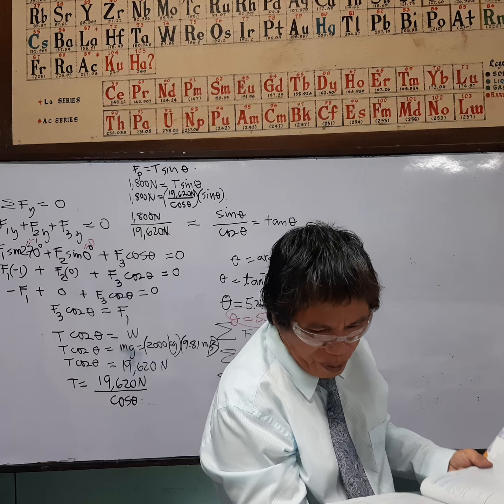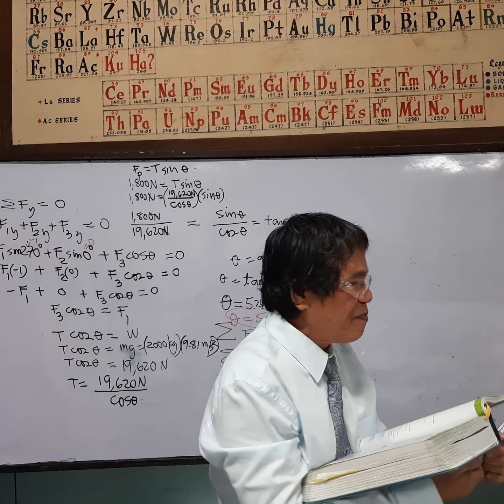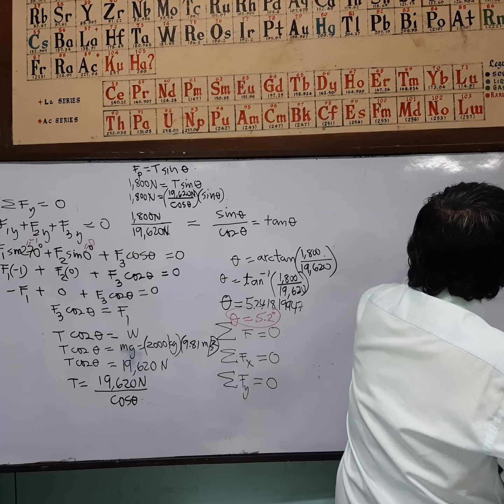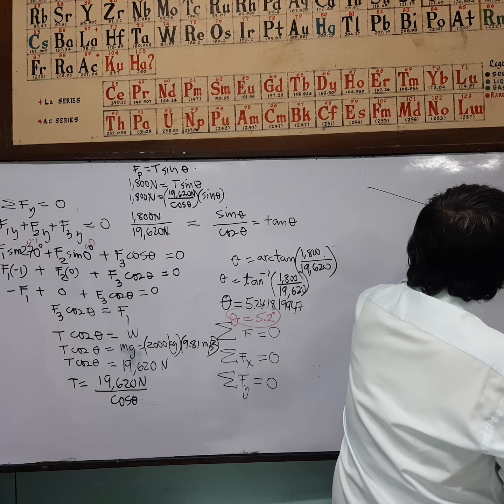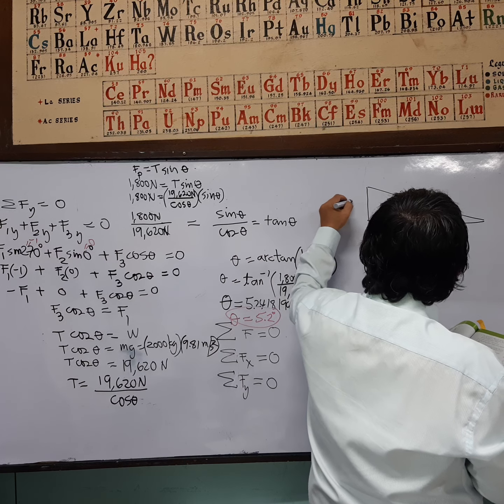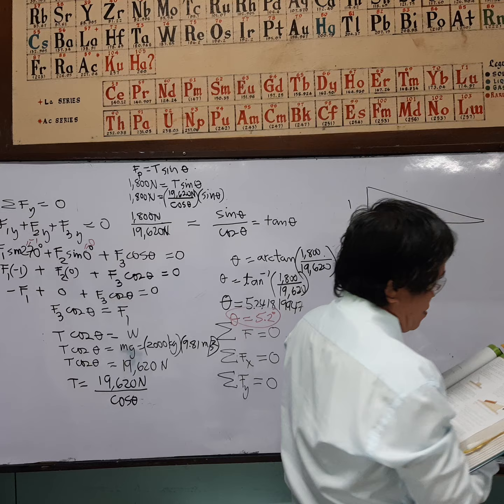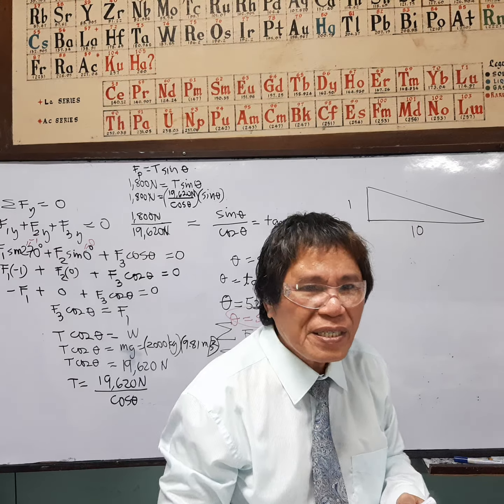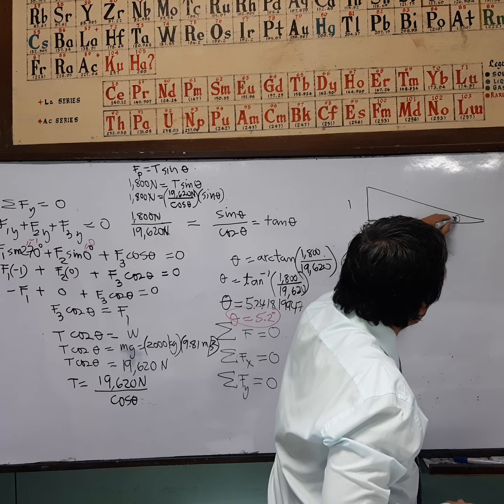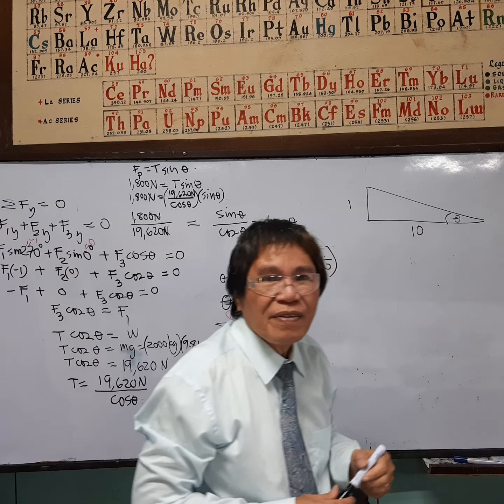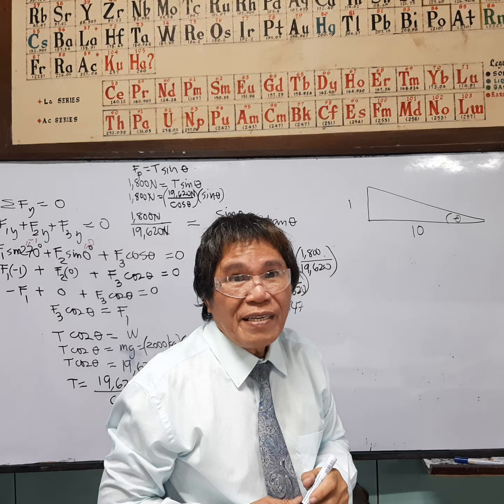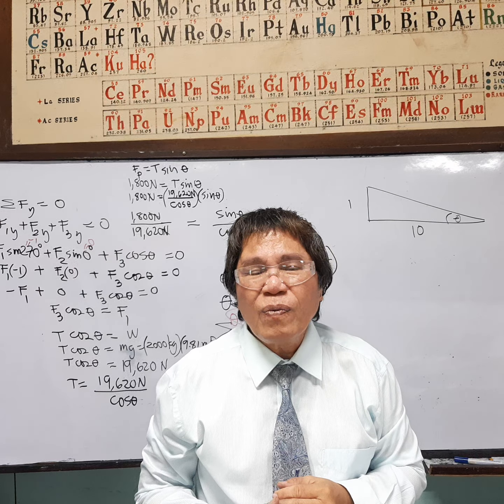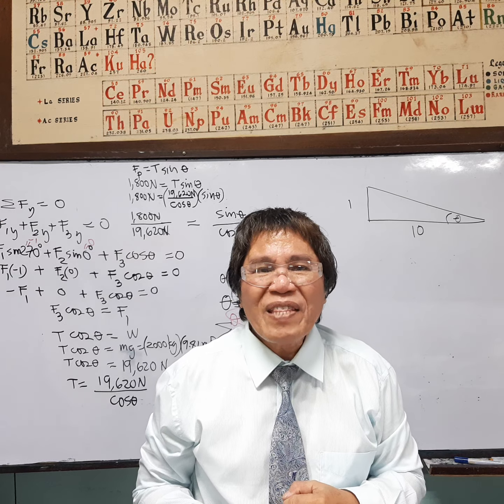So, a train is moving up. I will make a diagram for you. This one is inclined, something like that. The ratio here is 1:10, it could be 1 kilometer to 10 kilometers. This is the angle theta. What's the unit there? 1 meter, 1 kilometer, 1 mile, 1 foot, 1 inch?